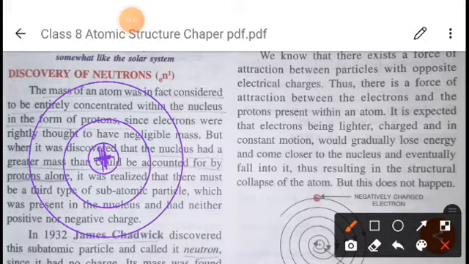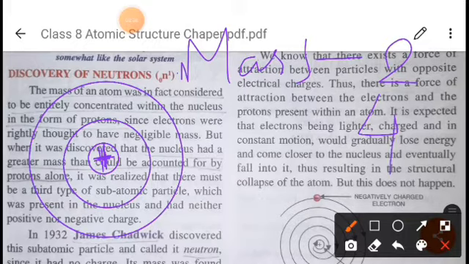When we calculated the mass of this atom, we found that it was greater than that of the protons. Suppose two protons were there, then the mass should be 2. But it was seen that the mass is coming 4, almost double.